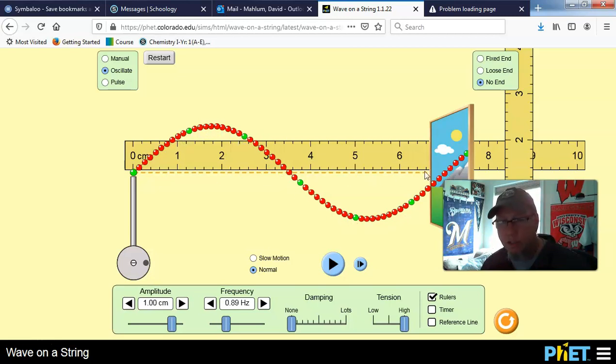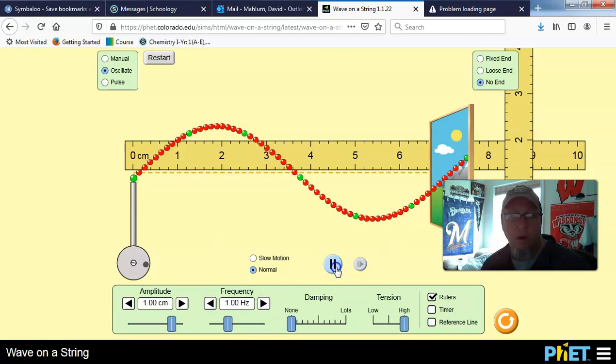So I would want to measure to right here. I can't see what that is because it's behind the window, but it's probably about 7. So when there's a low frequency, the wavelength is really big. If the frequency is low, the wavelength is long. Low is long.